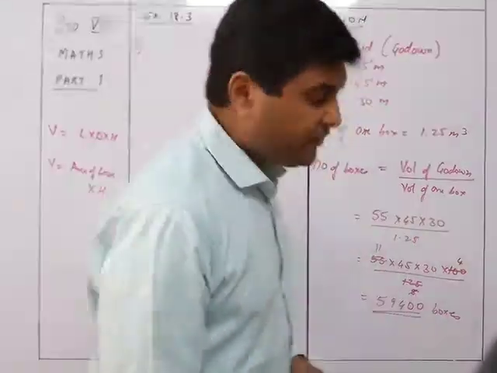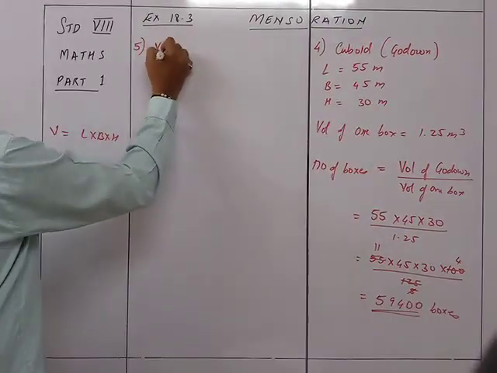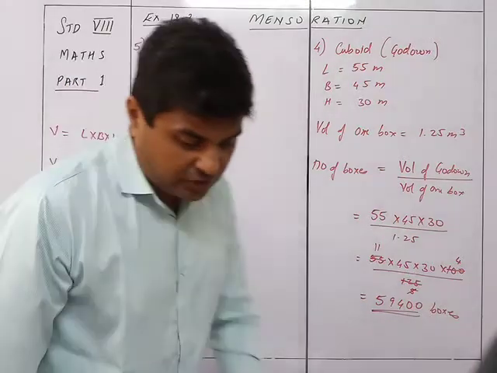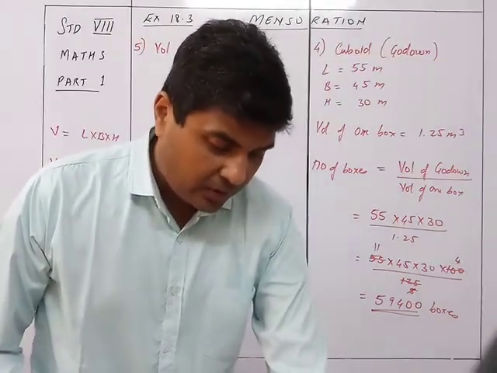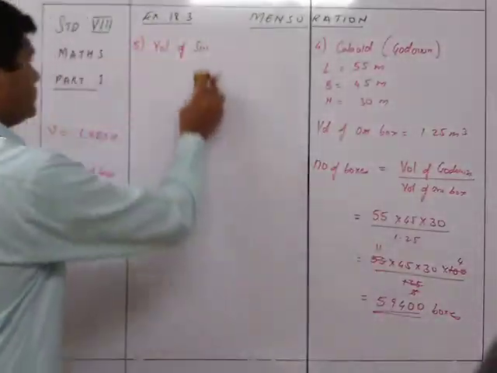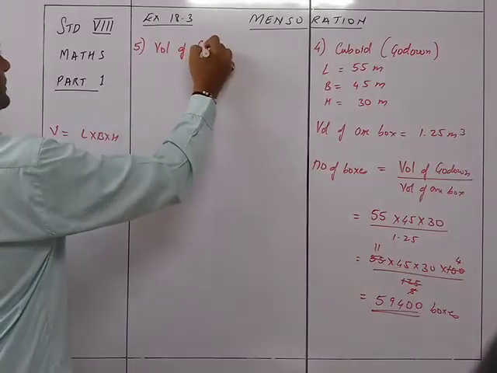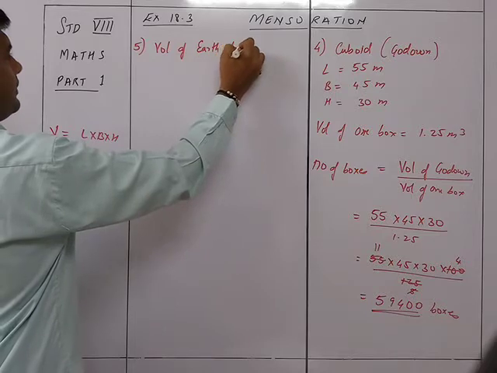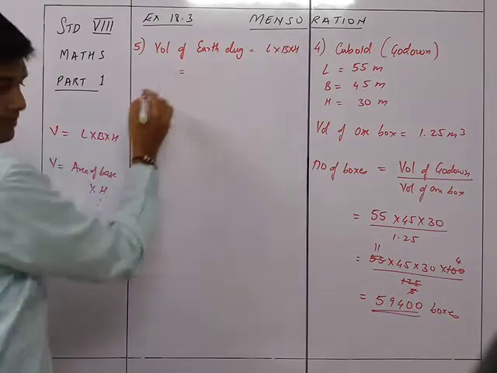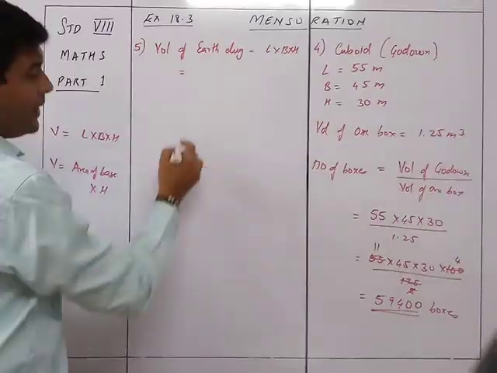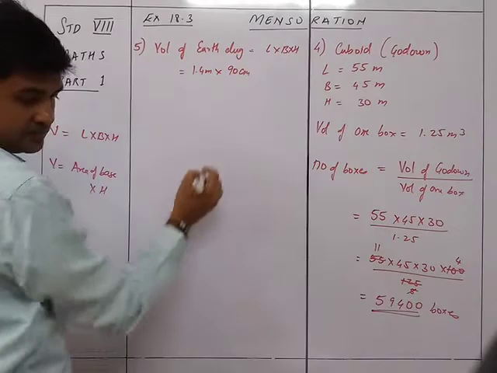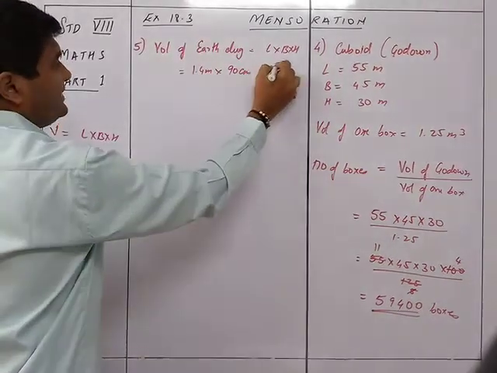Right? So first of all, we have the volume of earth dug, because the pit was dug. That is equal to L into B into H, which is given as 1.4 meters into 90 centimeters into 70 centimeters.